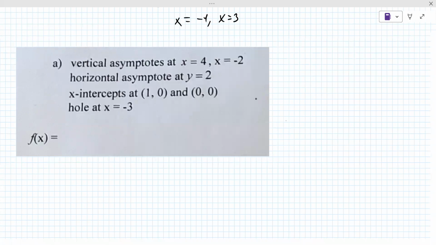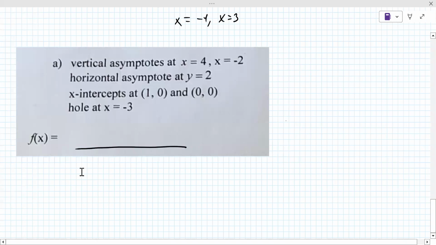All right, so we'll go through this piece by piece here. Vertical asymptote at x equals 4, x equals -2. So I'm drawing this horizontal line. Does the vertical asymptote correspond to the top or the bottom? Do you remember? Bottom. The bottom.